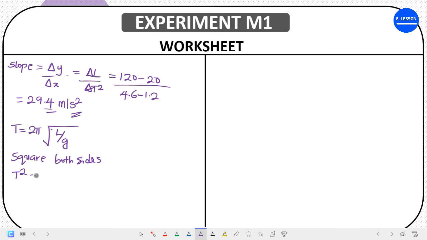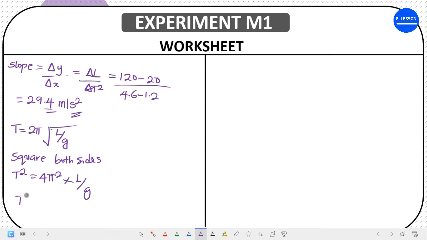We have t square is equal to, if you square 2, it's going to give us 4. Then pi square, if you square pi, it's going to give us pi square. Now if you square this, we cancel the square root from here, so the square root will no longer be there. Okay, right? So here becomes times L all over g.